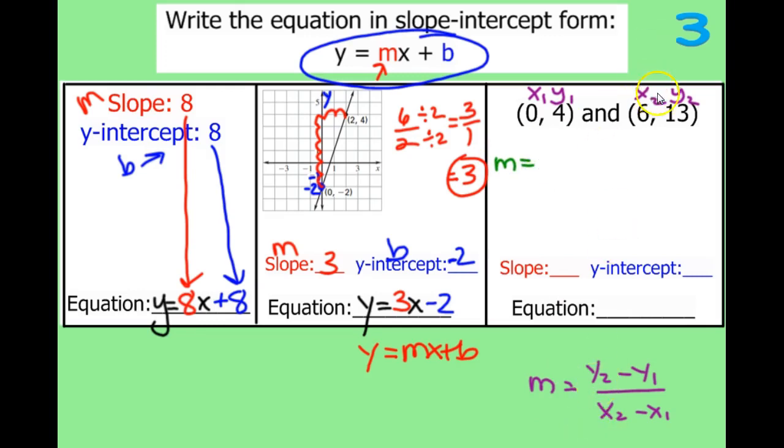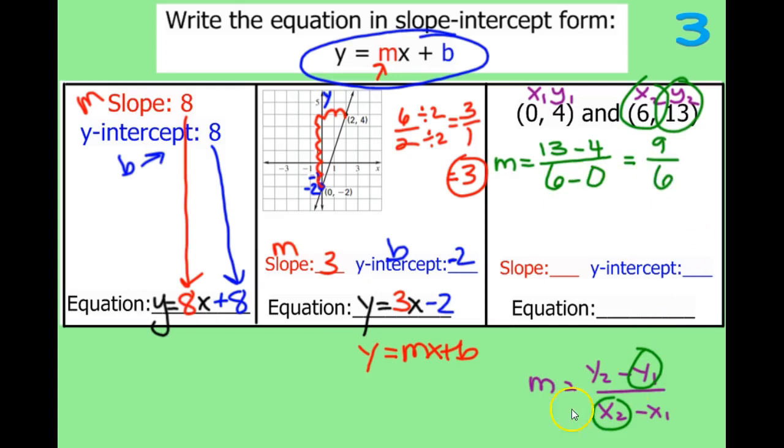So first y2, which is 13, minus y1, which is 4. Then on the bottom, x2, which is 6, minus x1, which is 0. Well, 13 minus 4, we'll just count backwards, 12, 11, 10, 9. And 6 minus 0, or 6 minus nothing, is still 6.